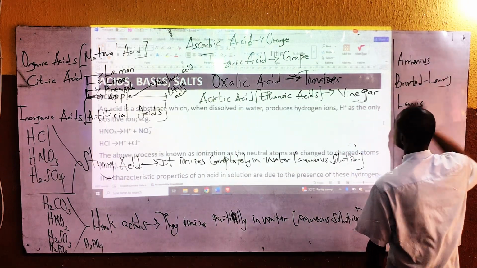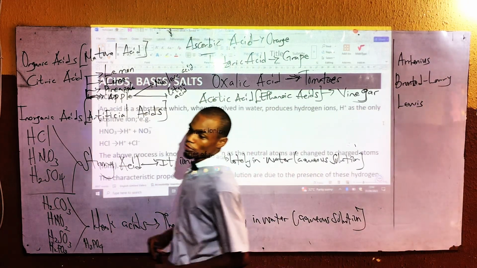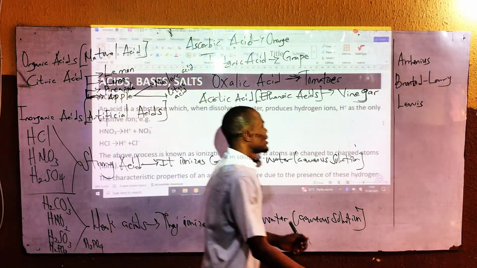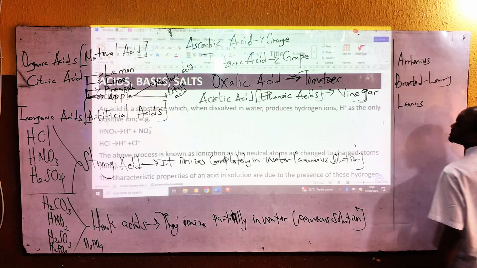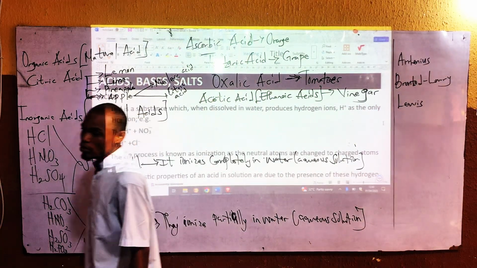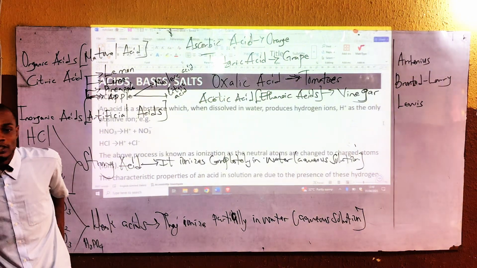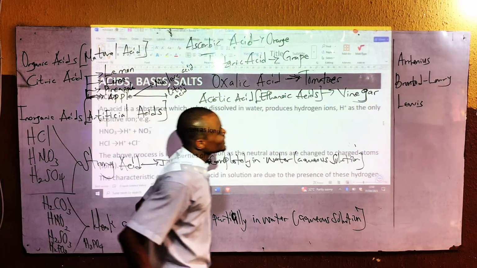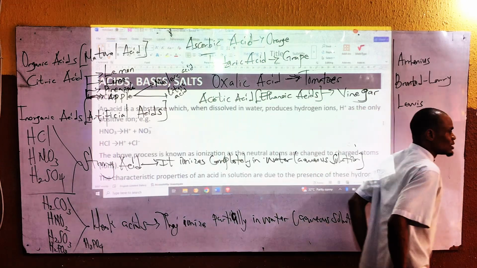So acid has three definitions. Based on Arrhenius, acids and bases are defined in aqueous form.